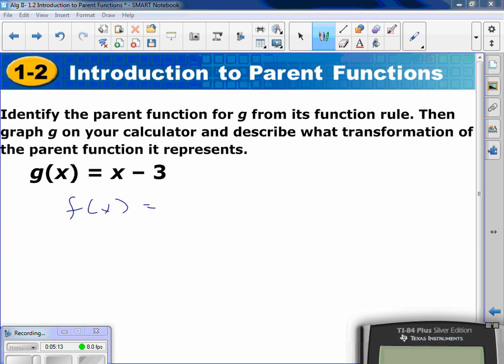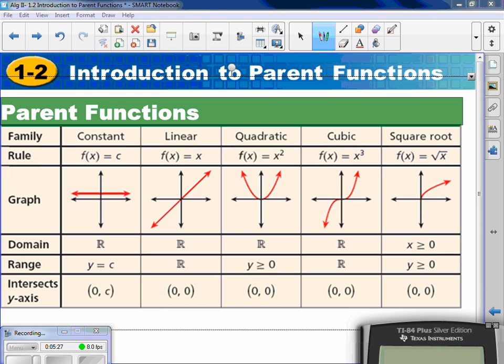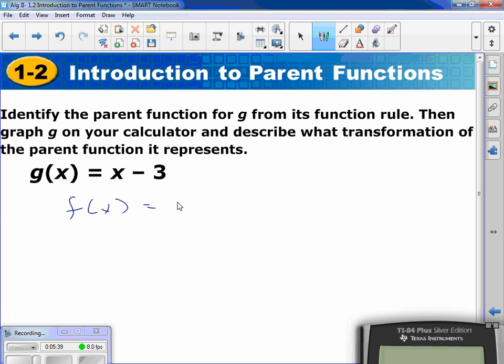What's the most basic form of this function? Not x minus 3. What would be the parent function? Which one of these does it match up with? It's linear. If we get rid of all the extra numbers that are being added, subtracted, multiplied, divided, you are left with f of x equals x. That is your parent function.